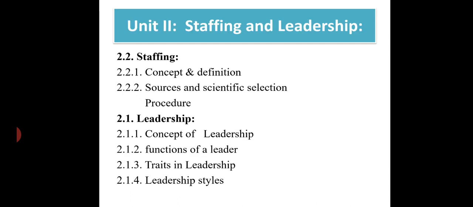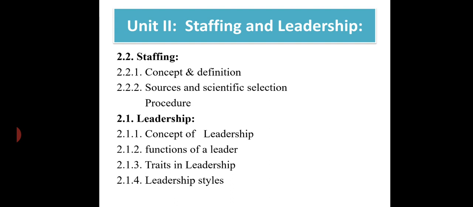Okay, now talking about the second unit, we'll be learning another important function of management, that is staffing and leadership. In staffing, we'll be learning the concept, definition, sources of staffing and the scientific selection procedure. Sources of staffing means how to fill up your vacancies.